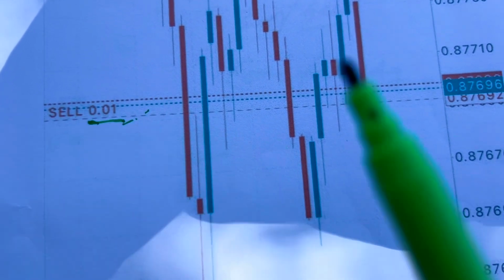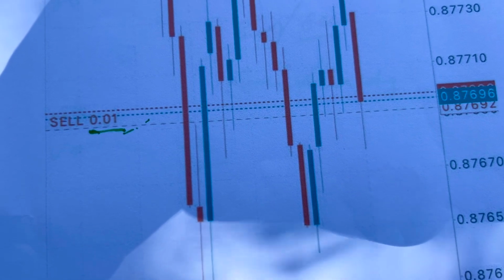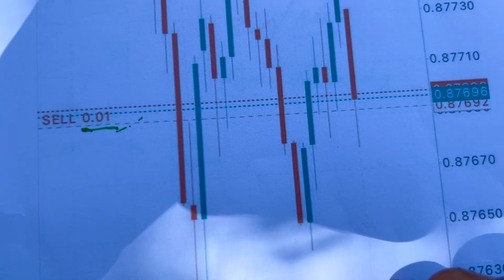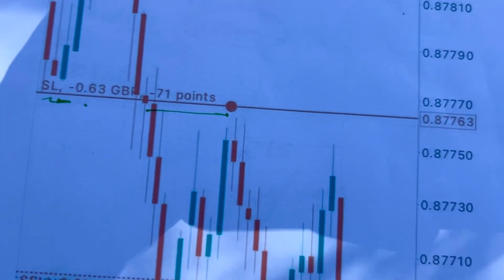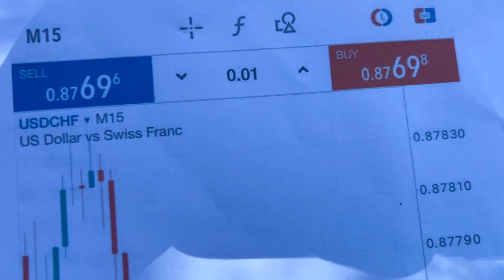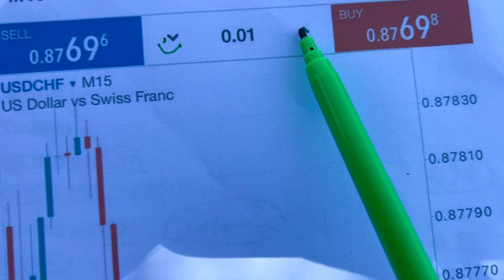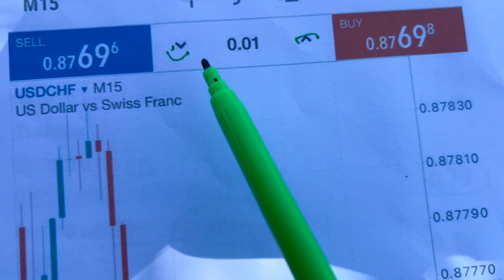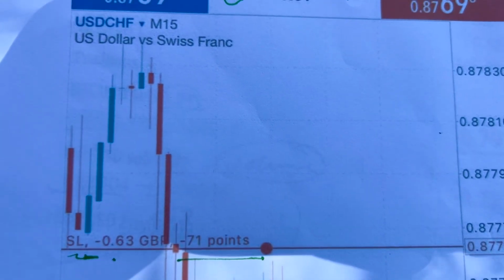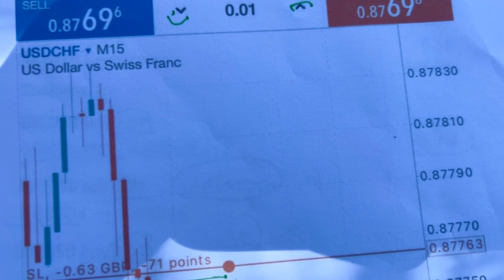The lot size represents the number of units. So the lot size is a volume. The more you increase it, the more you make money, and the more you lose money also. As you can see here, this is the arrow for decreasing, this is the arrow for increasing. So this is the volume to count the units that you are buying or selling, right?